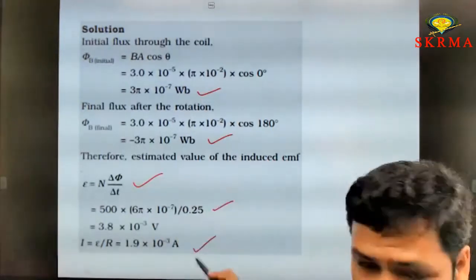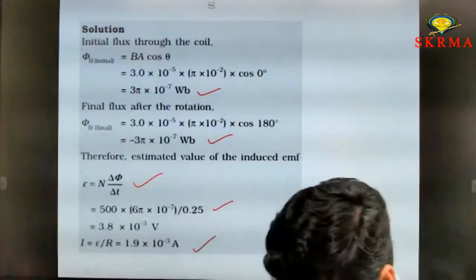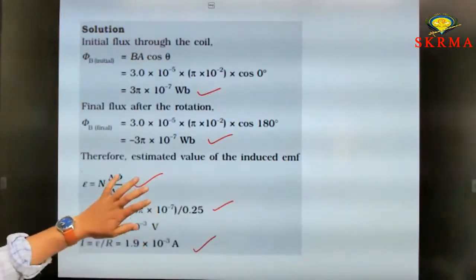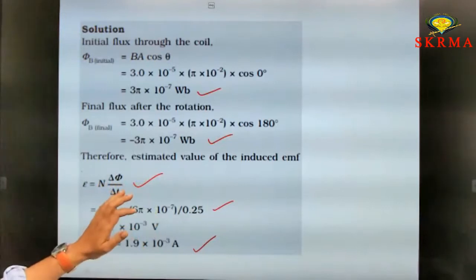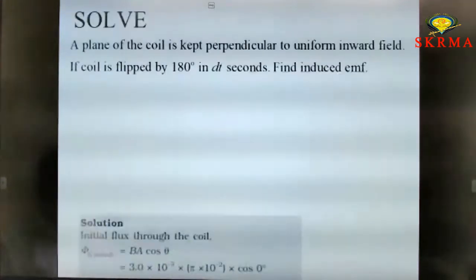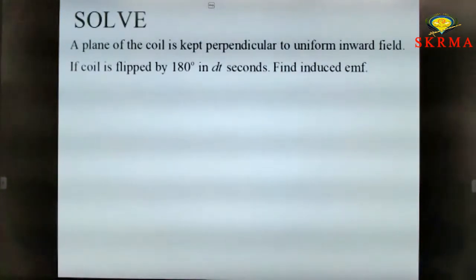Then I equals E by R. This is the basic approach. Is it clear, Chandrasekhar? Yes, most of the problems are directly asked from NCERT textbooks. That's why I explained that concept.